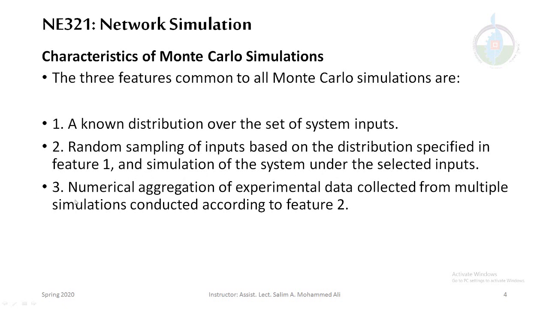The third one is numerical aggregation, the method you calculate the total or the average number, or in other words, numerical aggregation of the experimental data collected from multiple simulations conducted according to feature 2, which is the random sampling. To make the results more accurate, we have to collect multiple simulations using random sampling.